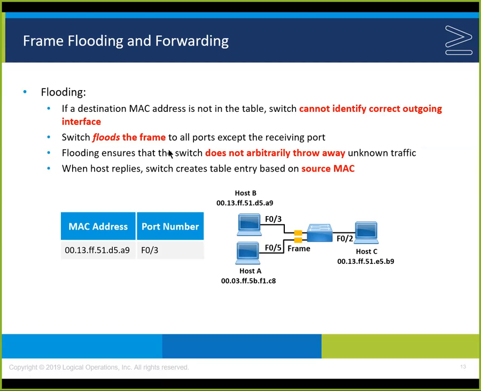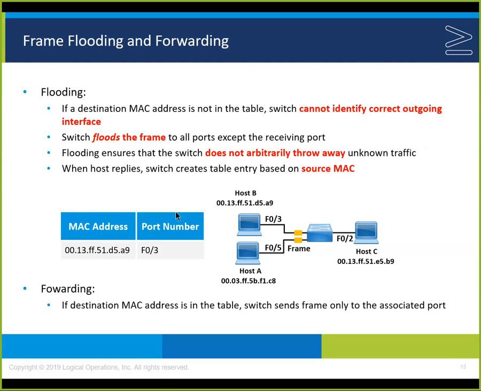So it gets flooded and the host replies. The switch creates an entry for the reply based on the source MAC address. What we hopefully saw in the demo a little earlier. Forwarding: if the destination MAC address is in the table, it sends it out only the associated port. And if we didn't have the dynamic changing and we moved something from one port to the other, it gets sent out the wrong port.